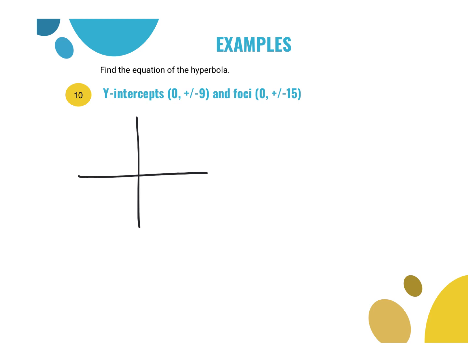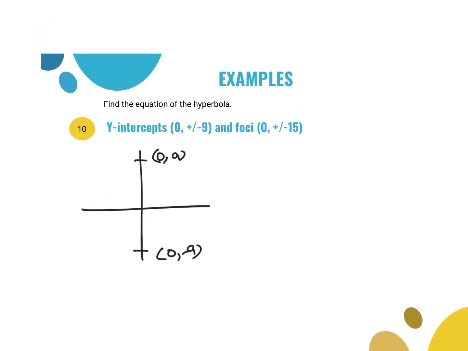And my y-intercepts are at 0, 9 and 0, -9. And then I have foci here way off of this thing at 0, 15 and 0, -15.